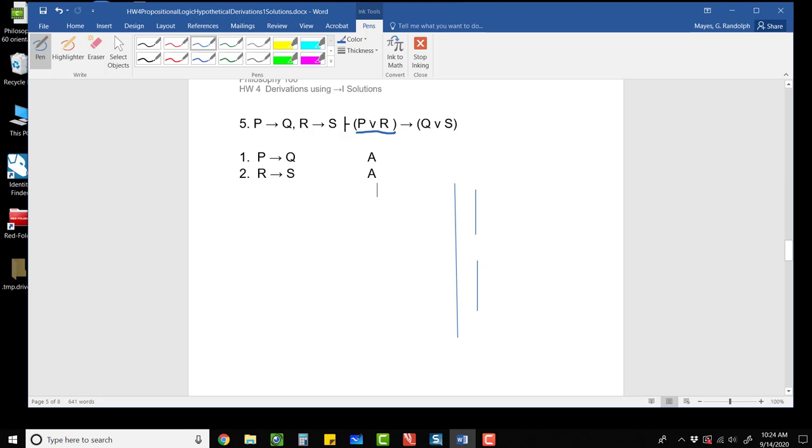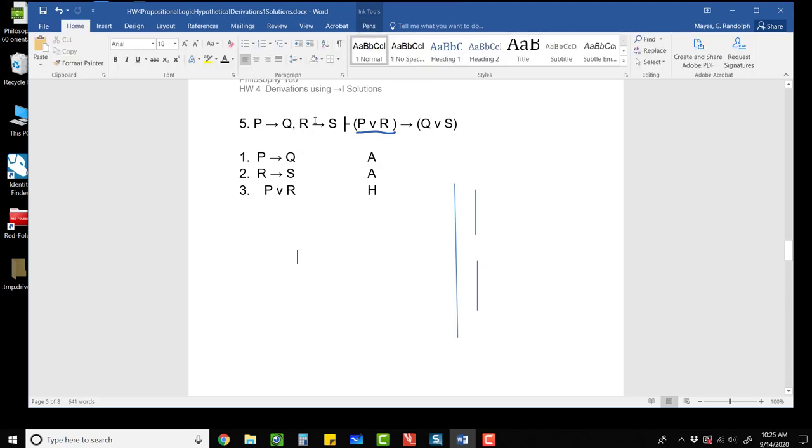Okay, so even though there are no disjunctions in the original assumptions, the fact that you hypothesize a disjunction is going to tell you that you are probably again going to be involved in disjunction elimination.